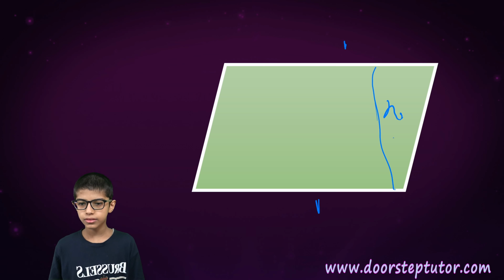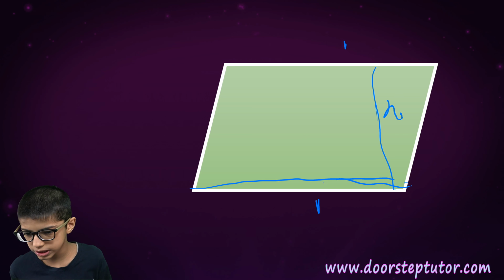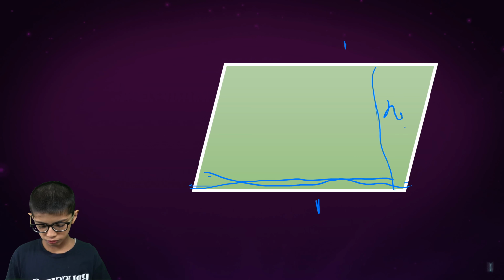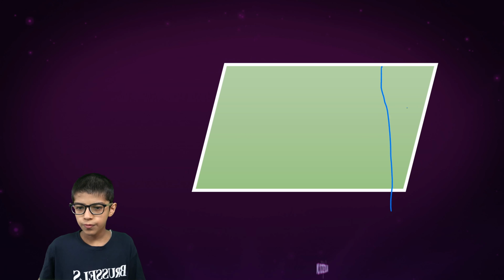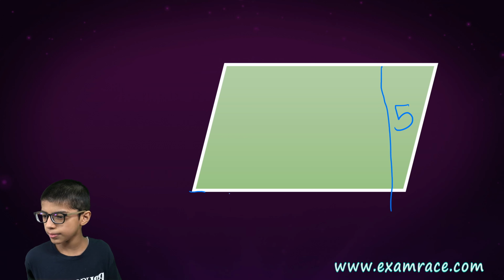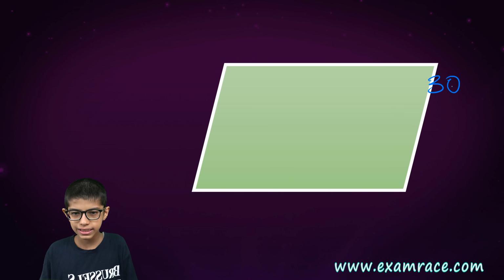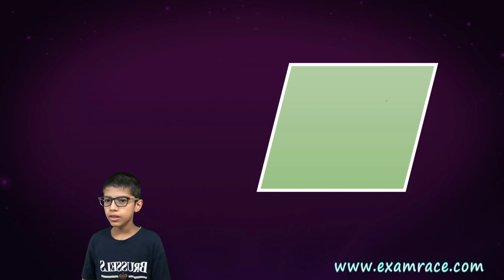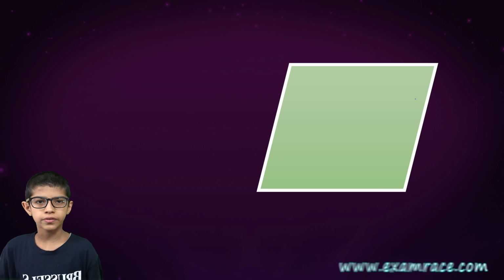So, this height multiplied by the base, which is this one. These two would be perpendicular. If I have the height given as 5 and the base given as 6, then what would be the area? It would be 30.